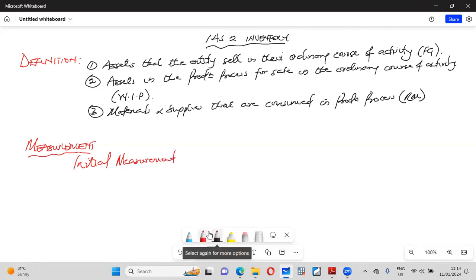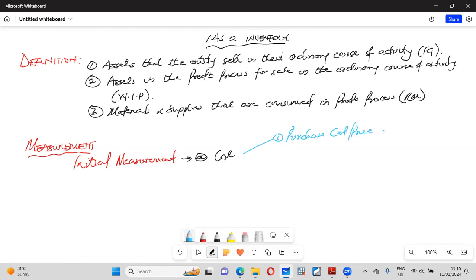When it comes to inventory, initial measurement is at cost. All right, so cost. And don't forget the elements of cost. Whenever we mention cost, cost comprises, one, the purchase price, the purchase cost of the thing, less discounts and rebates.